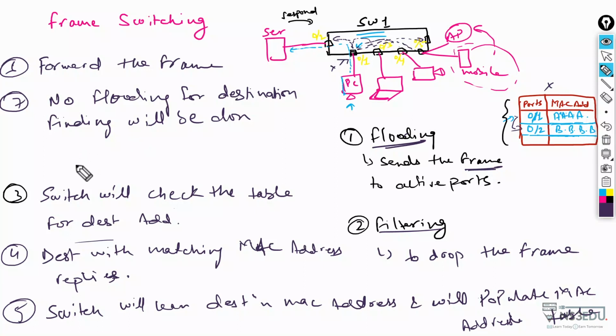So that's how frame switching works here. Because the switch works at a very high speed, it will learn the MAC addresses very quickly. Also, after learning this, we do not want the memory of the MAC address table to be filled up at a moment, right? So we actually have a timer here, and we call it aging time.